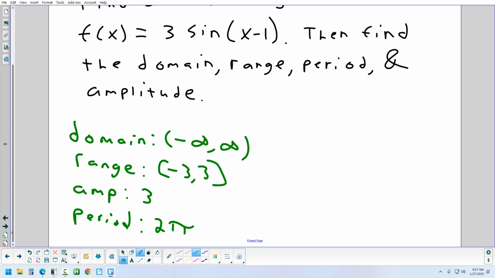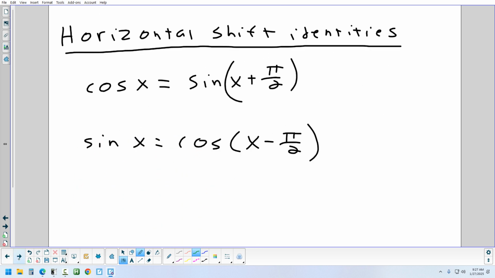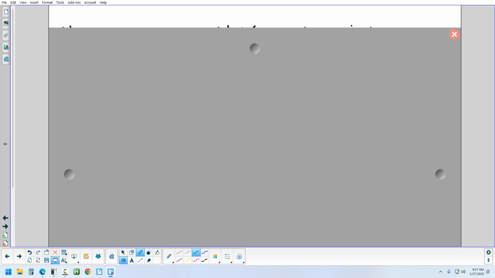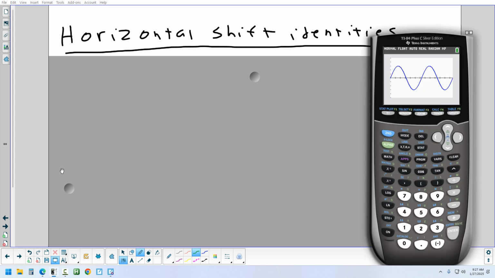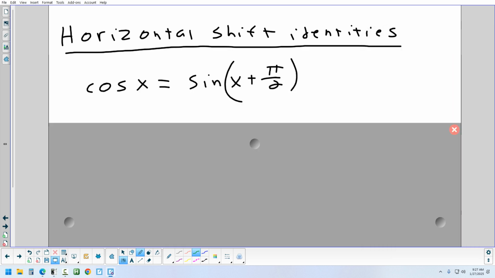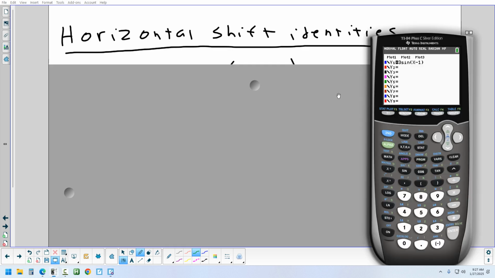So there are a couple identities that we're going to start to talk about. We're going to use them more throughout the year. But this first identity basically allows us to change a sine into a cosine. Okay. Let's graph just basic cosine.